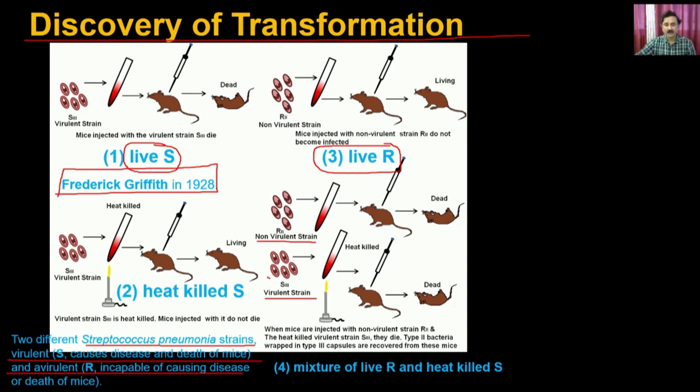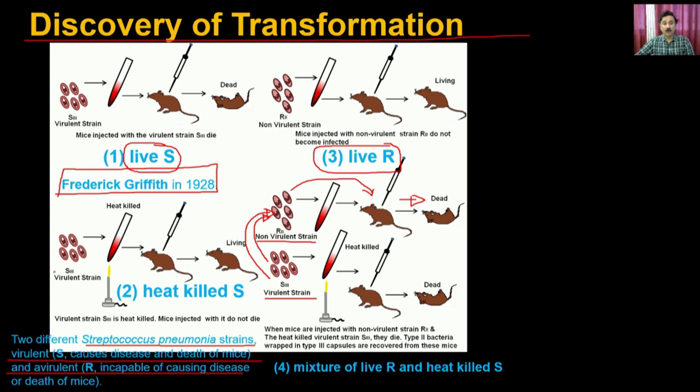Because the DNA from the virulent strain went into the non-virulent strain, and now the non-virulent strain has acquired the characteristics of a virulent strain. The virulent strain is dead, but its DNA is still intact. So the DNA went into the avirulent strain, and that's how the avirulent strain became virulent, and when he injected it into the mice, they developed the disease and were killed.